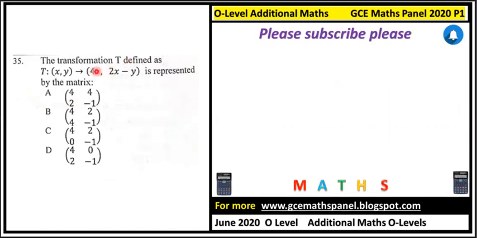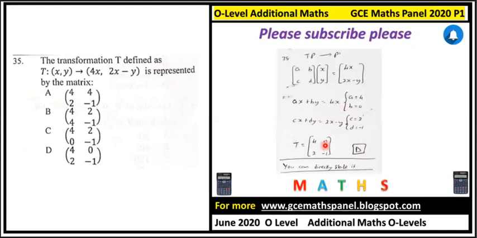So we have 4, 0. Then for the second row, we have 2, minus 1. The coefficients of these elements give us the matrix. So we have 4, 0, 2, minus 1. Or you can decide to write it in the form with A, B, C, and D and look for them, but this one will waste time. It's better to just quote directly and you have your key as D. We are looking for the shortest methods, don't forget.